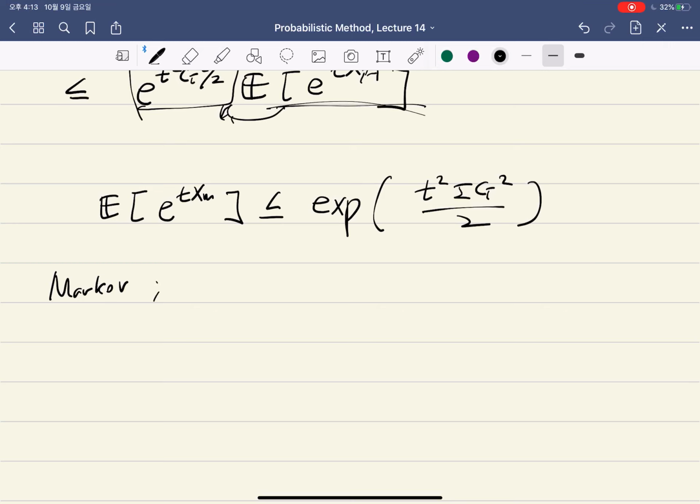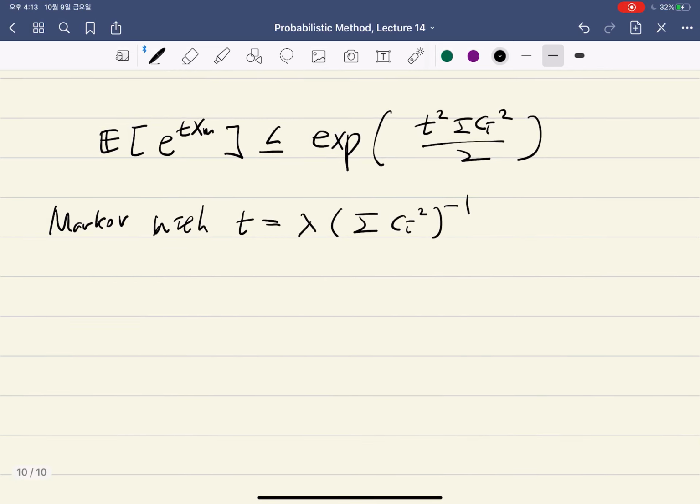with t being lambda times the summation of c_i squared to the negative 1. Then what's the probability that e to the t X_n is bigger than e to the t lambda?